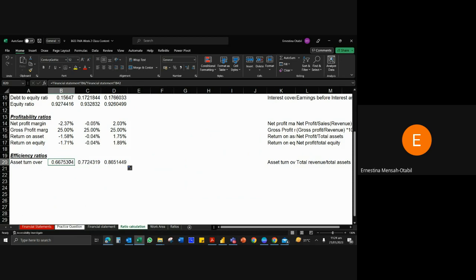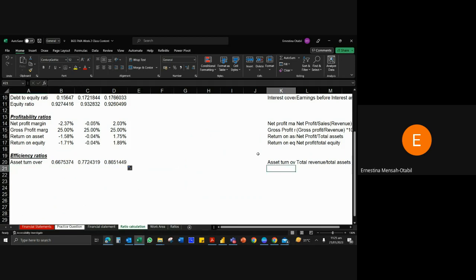If it was more than one, then we would have been able to conclude that the company is efficient in managing the assets to generate revenue. But here we are getting it lesser than one, meaning that it's not really efficient. It's a bit closer to one than farther from one, but it's ideal if it's more than one. So that is asset turnover.